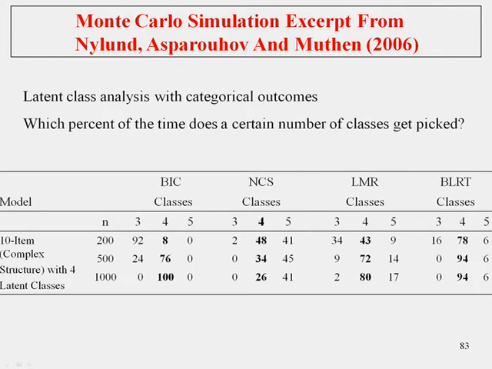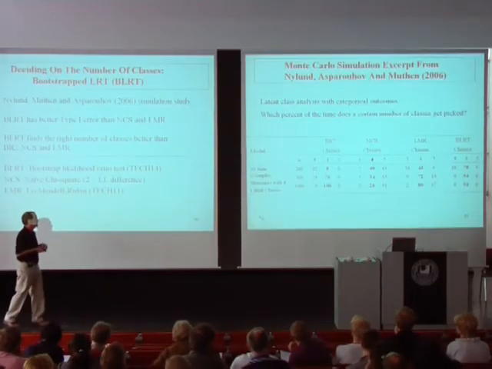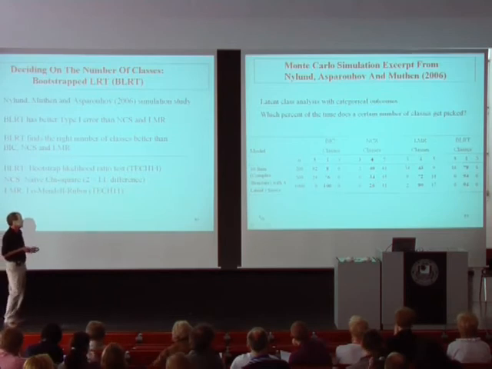The bootstrapped likelihood ratio test does really well already at 500, does better than any of the others, and stays that well even at 1,000. So from this, you would suggest that bootstrapped Tech 14 is the best approach, but BIC is not too bad.